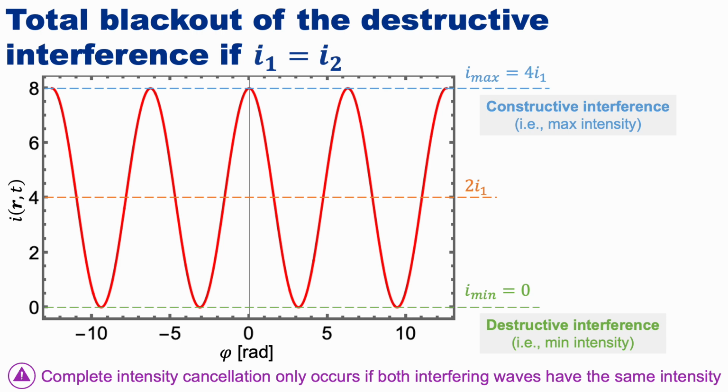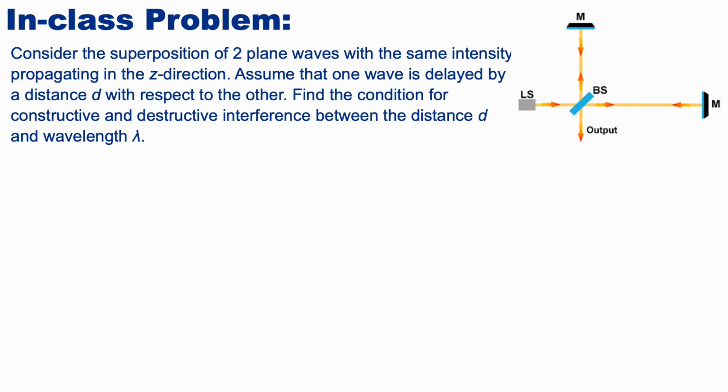But think about it, and I want to repeat that one: there are going to be points in space where the intensity of the interference is maximum, and points in space where the total intensity is minimum. To finalize this video, let's do an in-class problem.